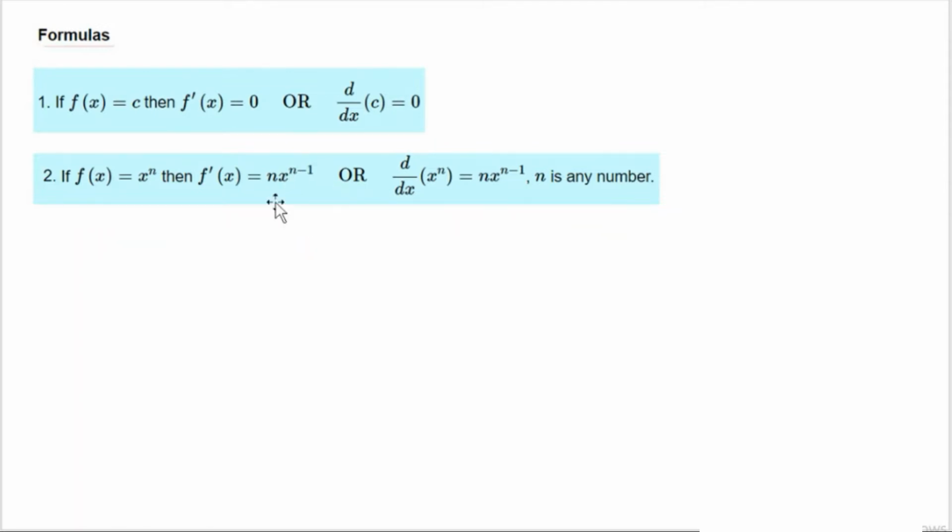It means the exponent will be multiplied to the coefficient. So that's why we have here n times x, and then the exponent will be subtracted by 1. In this case, we assume that the coefficient of x is 1. That's why n times 1 equals n, times x to the power of n minus 1. We call this formula the power rule.